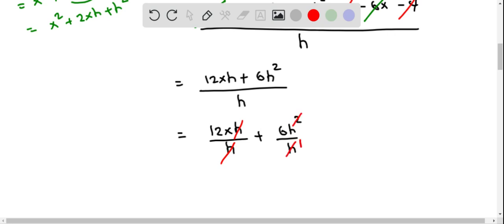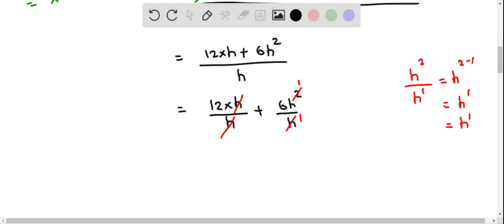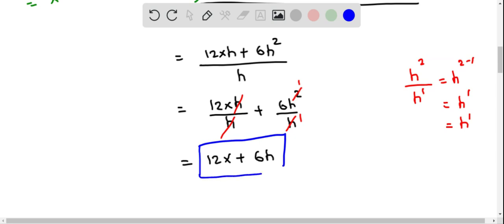That is, when you divide h squared by h, it's basically equivalent to subtracting the powers, that is h raised to the power of 2 minus 1, and this equals h to the power of 1, or simply h. So let's write this. The first term is 12x plus 6 times h to the power of 1, which is 6h. And so this is the average rate of change for f of x in the interval x comma x plus h.